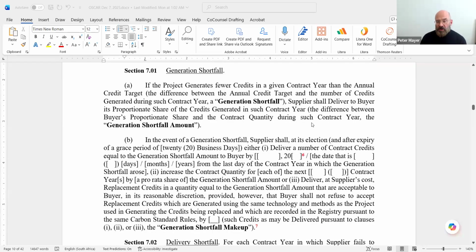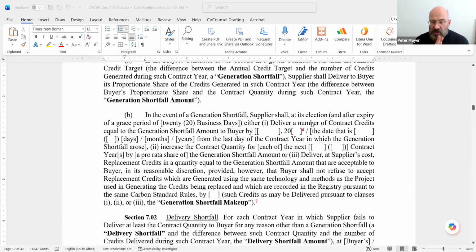So one clause I would like to get into a little bit more detail is the shortfall provisions. That's obviously a very important, maybe the most important risk allocation aspect in a CDR offtake agreement. What happens when the credits are not delivered on time?